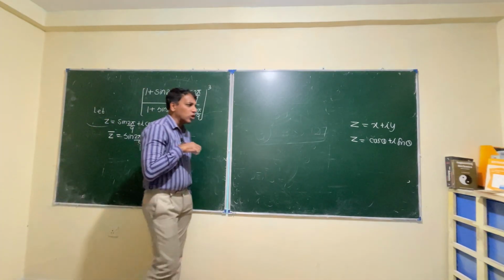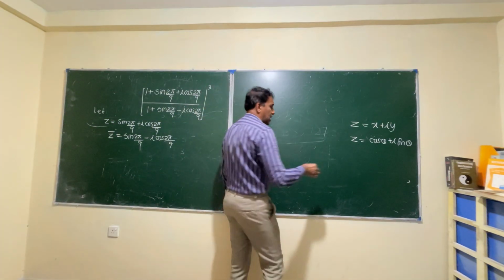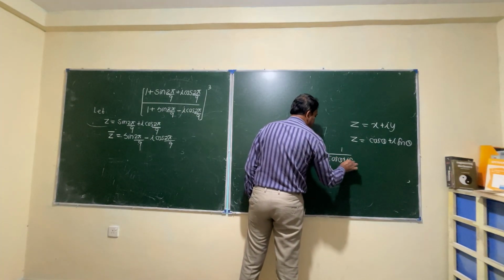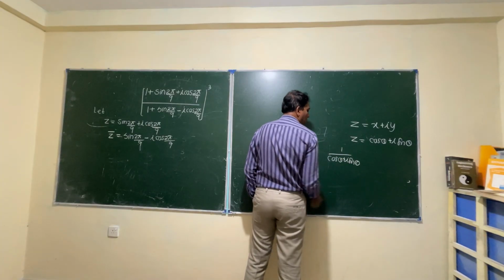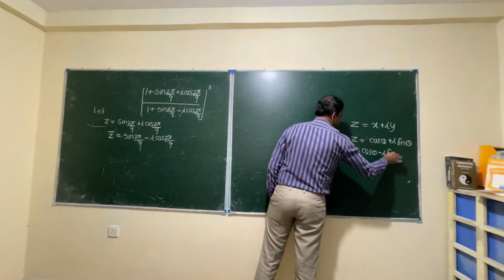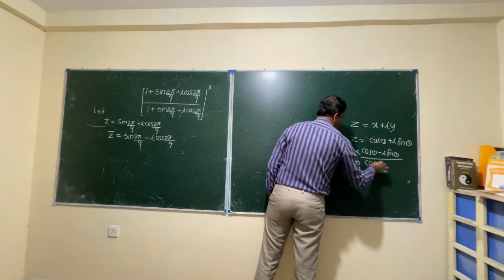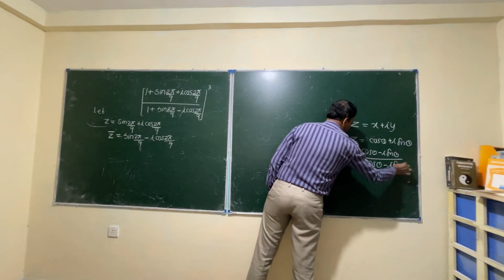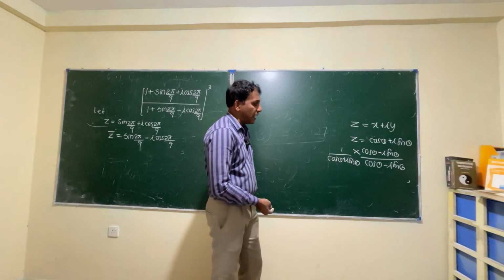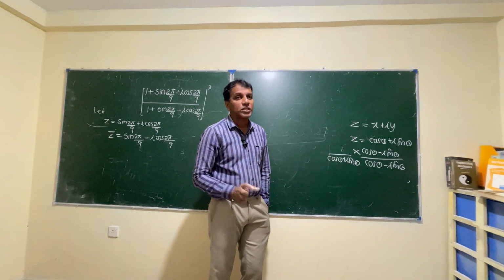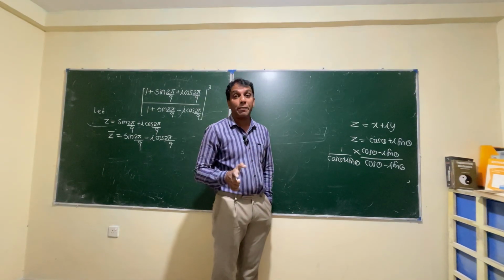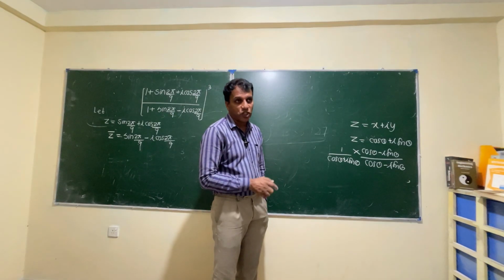So if we take z equal to cos theta plus i sin theta, then 1 over cos theta plus i sin theta, simplify it. If you multiply by the conjugate, cos theta minus i sin theta, up and down, you can see what happens. The denominator is cos square plus sin square, because i square is minus 1. For new students, this is an interesting complex number question that comes in pure maths essay papers and structured papers.